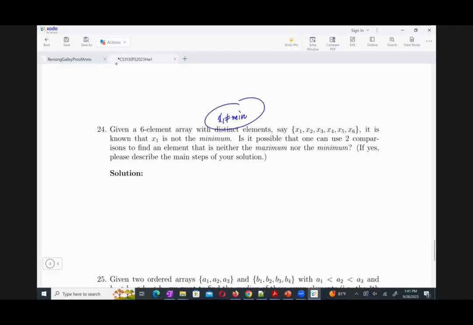Is it possible that one can use just 2 comparisons to find an element that is neither the maximum nor the minimum? If yes, please describe the main steps of your solution. So the target is 2 comparisons.